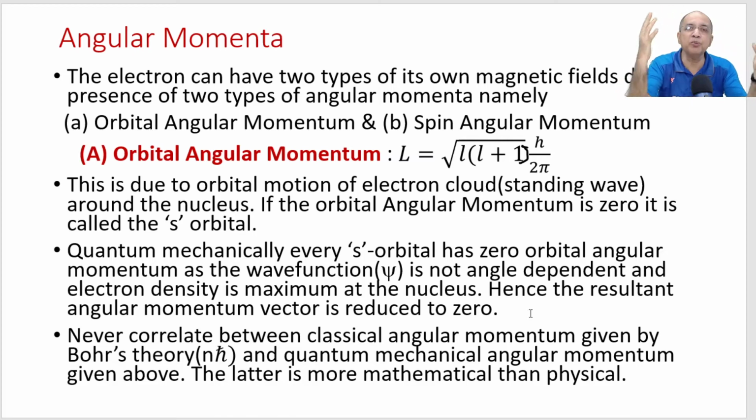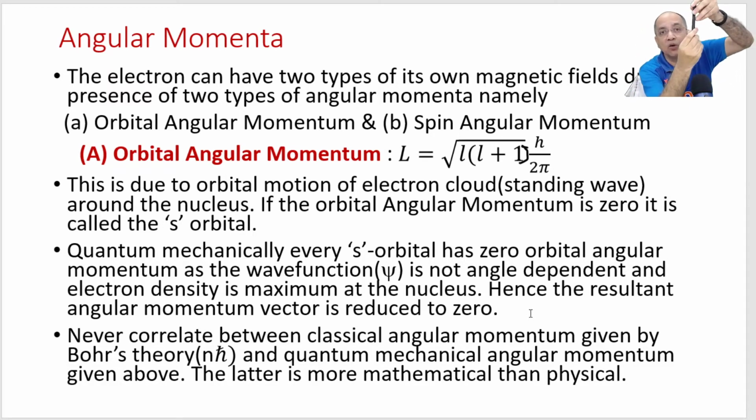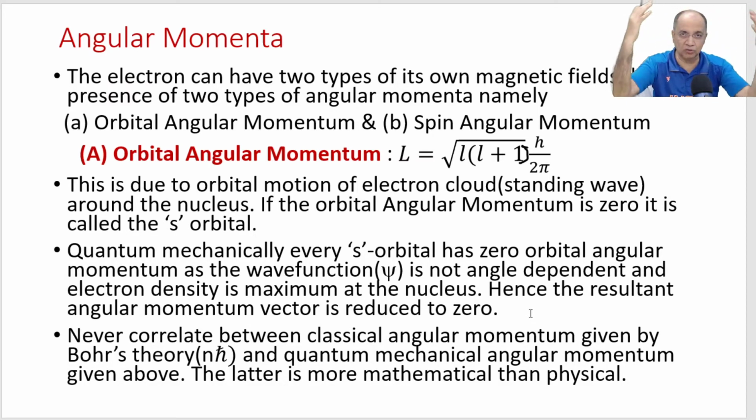So every unpaired spinning electron is like a bar magnet. So there are two magnets. One is a bigger magnet, which is the circulating electron cloud, that is the orbital angular momentum that produces the orbital magnetic dipole moment, due to orbital angular momentum, root over L into L plus 1, h by 2 pi.